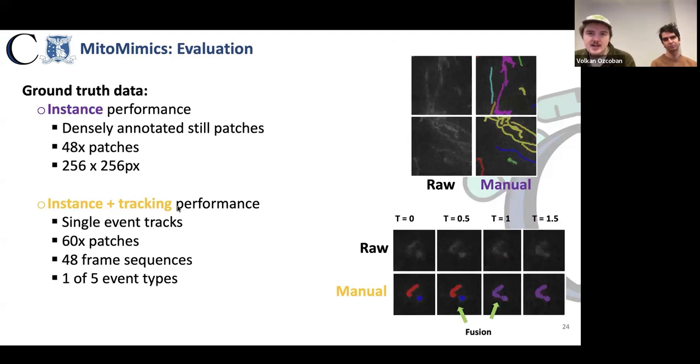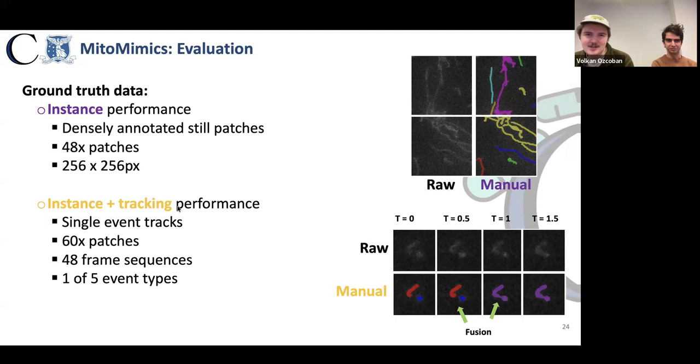To validate this approach, we actually do the thing we were avoiding in the first place, which is annotate some real data. We annotated 48 small regions from still frames where every mitochondria is given its own ID, and adjacent frames we use to better separate instances in particularly noisy areas. For tracking evaluation, we labeled 60 track sequences of specific mitochondria or plural across 48 frames.